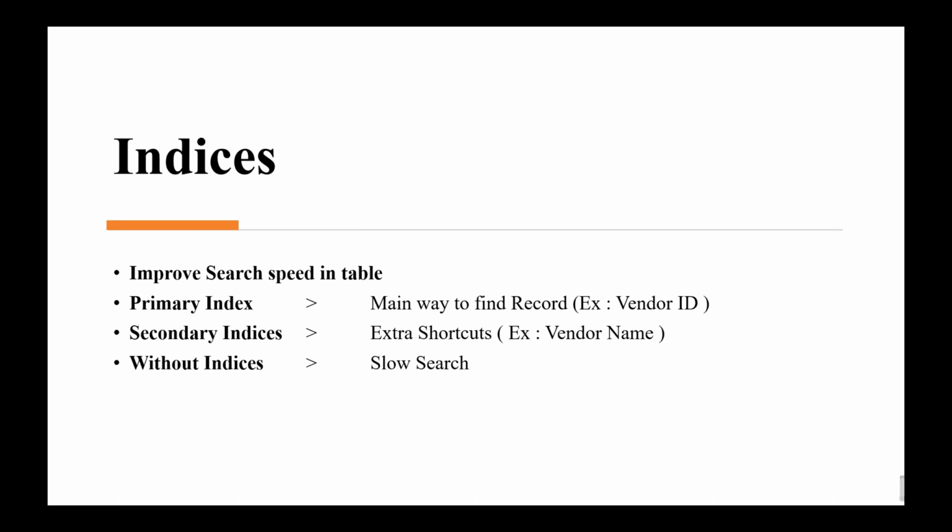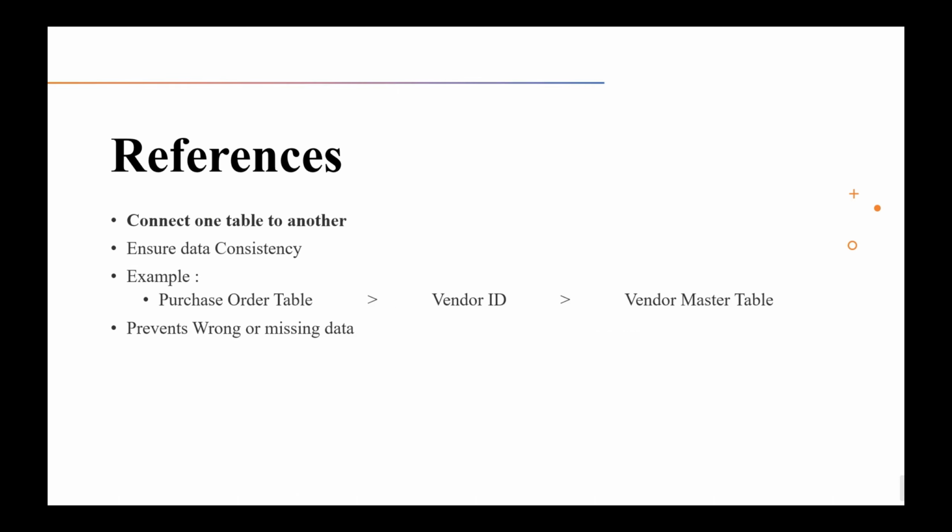Okay, moving to the next slide, coming to reference. In real life, data is connected. So I'm talking with a simple example of how the data is connected. If we take a purchase order table, we'll have a field called vendor ID.